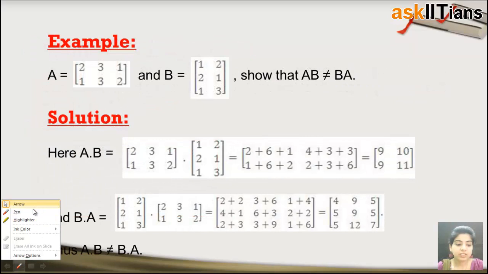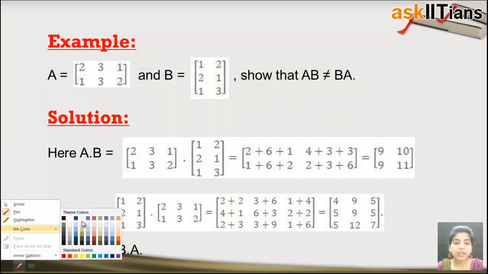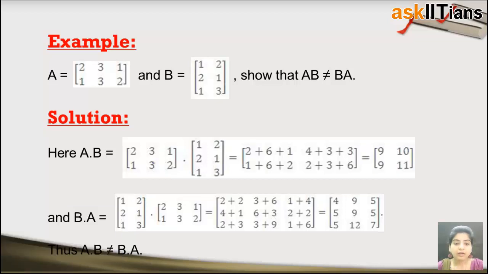Next we have another example that says that if a matrix A is given as this and a matrix B is given as this, then we need to show that AB is not equal to BA. Okay, what does this mean? This is the commutative law.